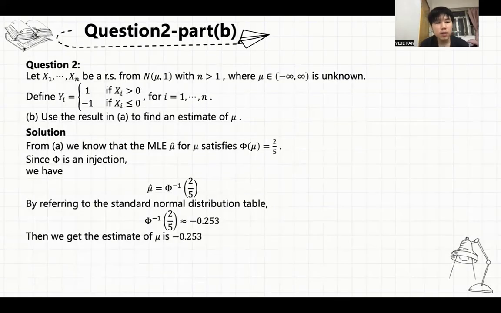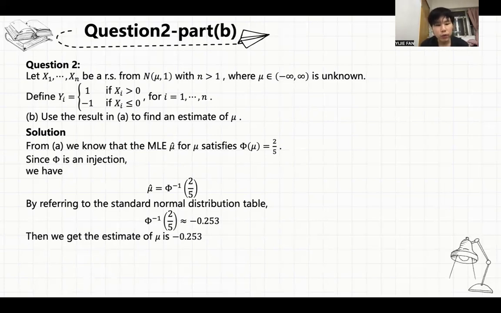Okay, and we move to question B, part B. From part A, we know that the MLE mu hat for mu satisfies phi mu equal to 2 over 5. And we notice that phi is an injection, so mu hat is equal to phi inverse of 2 over 5.